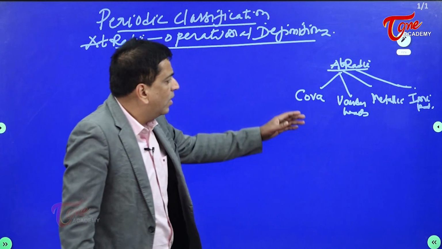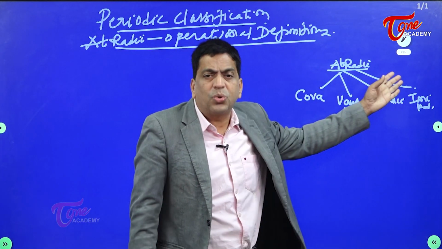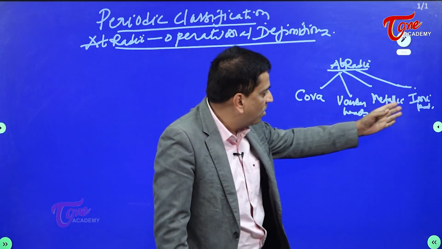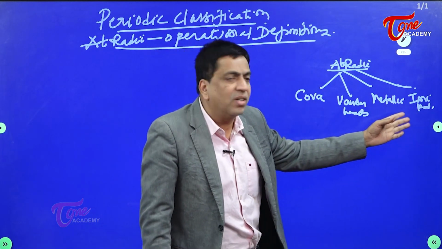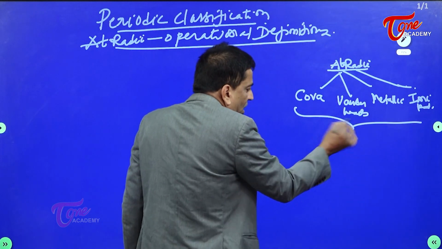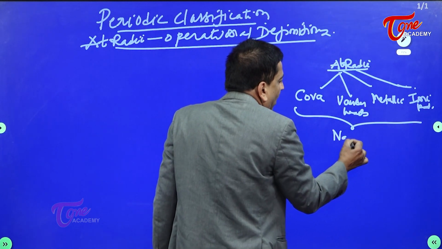Since we encountered some issues with atomic radii, we proposed 4 operational definitions, and the basis for this classification is the nature of bonding.